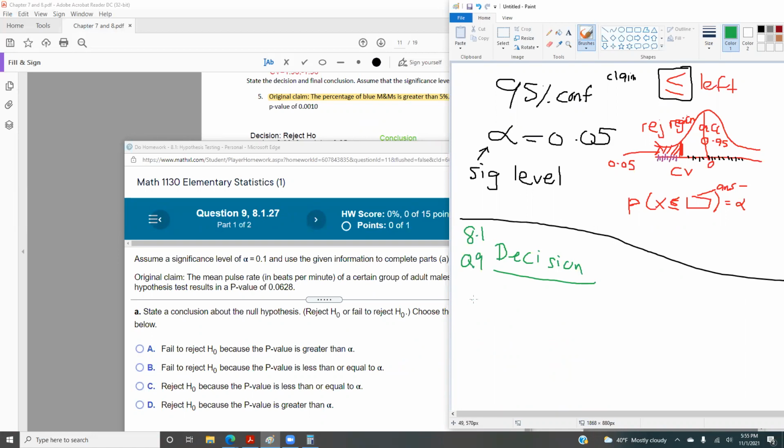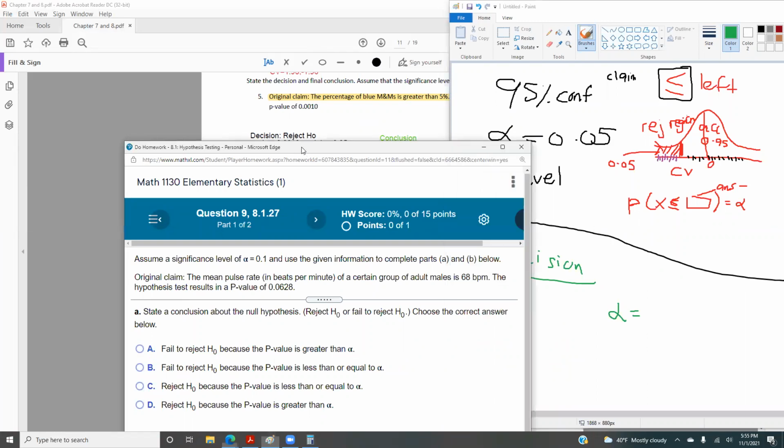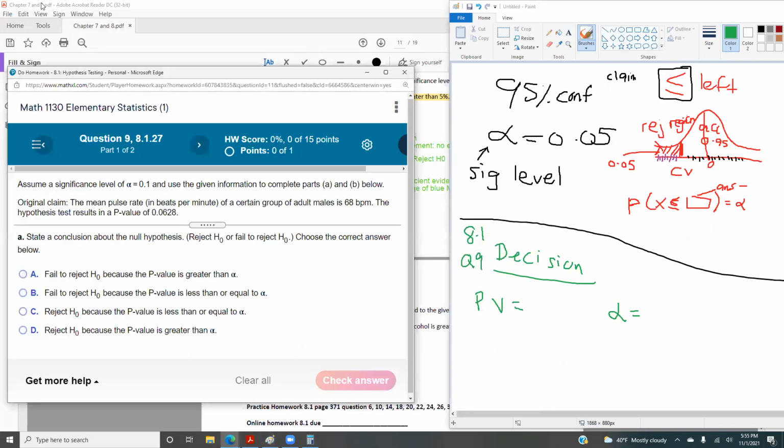So first thing first, you figure out the question gives you the p-value, right? And the question gives you alpha. Can someone tell me what is the p-value in this question number 9? Yeah, it's 0.0628.